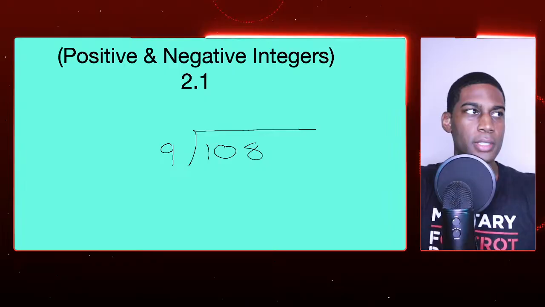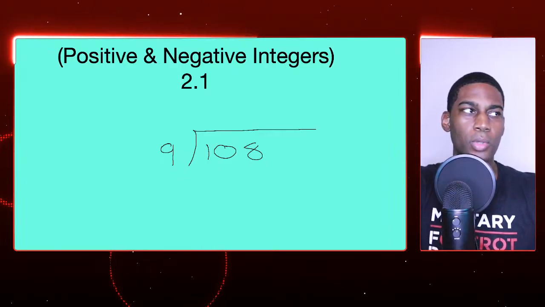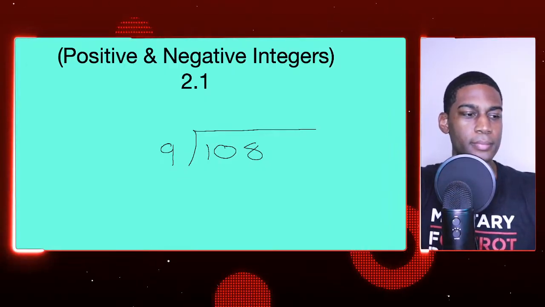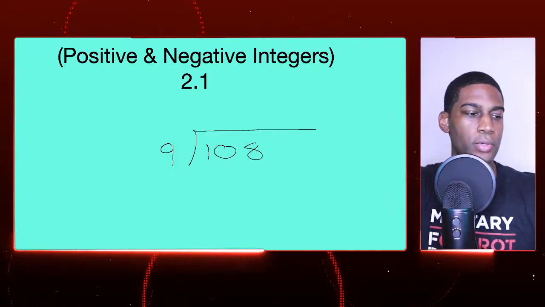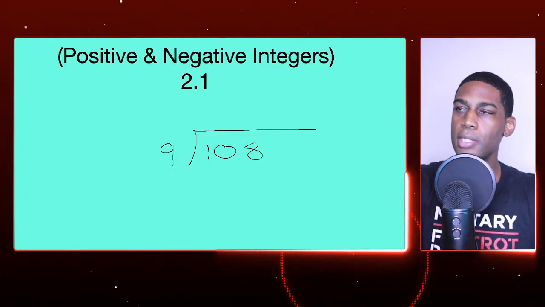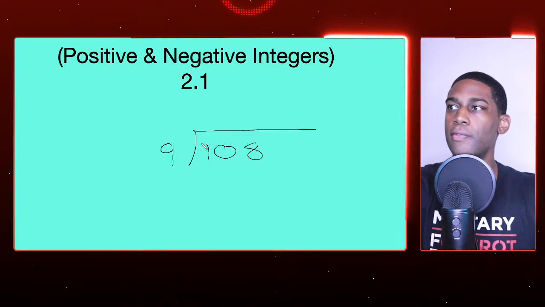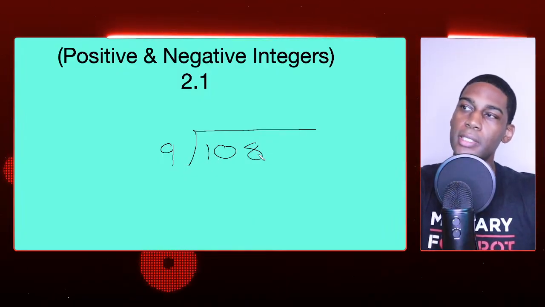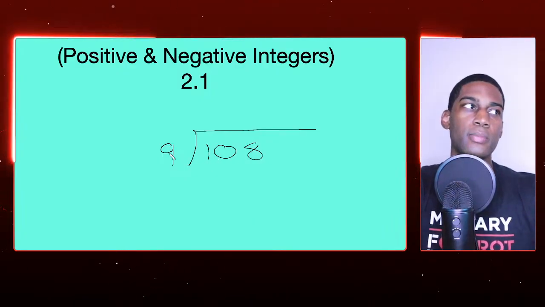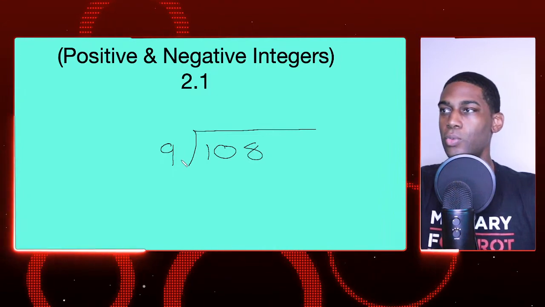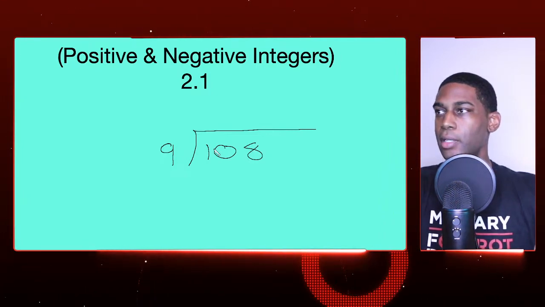All right, are y'all still seeing my screen? 108 divided by 9. All right, so for those of you who are asking, how do we go about solving questions like this, long division? You're going to put the big number on the inside. You're going to put the small number on the outside. All right, so 108 divided by 9. We got it like this.